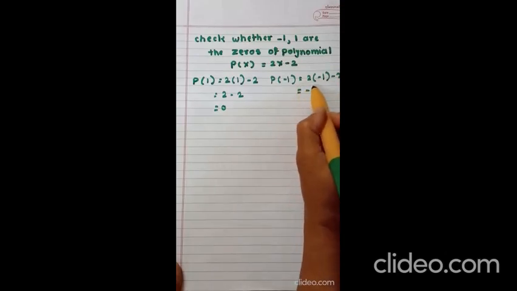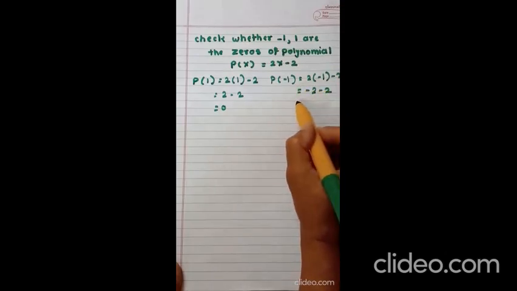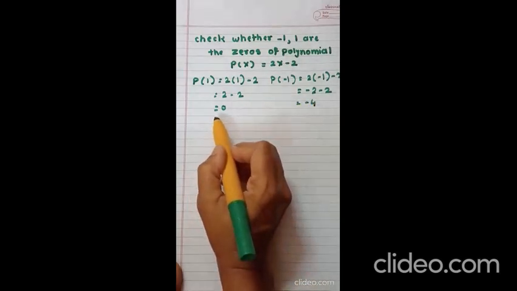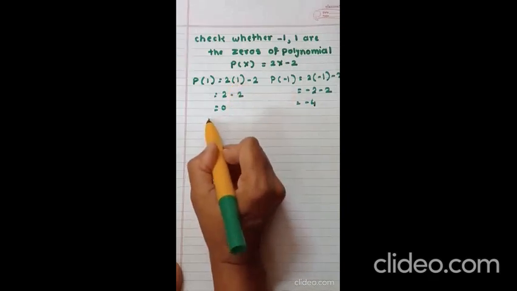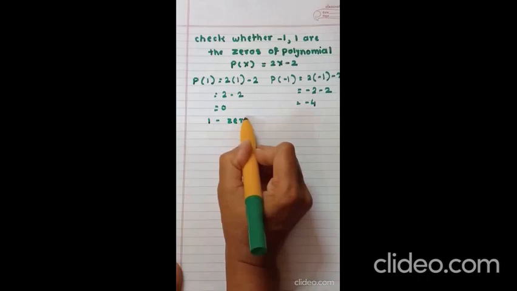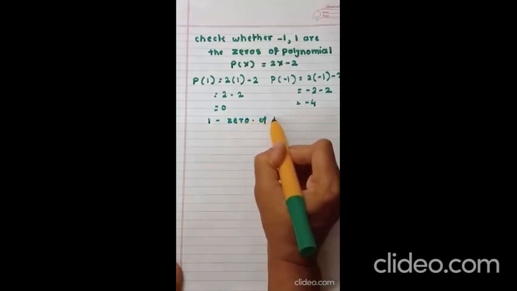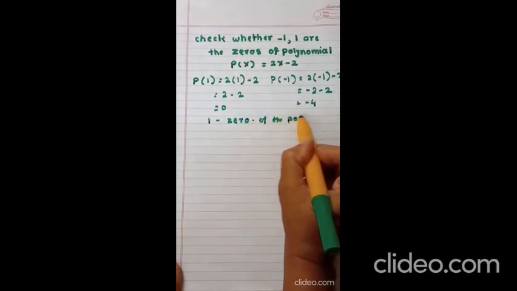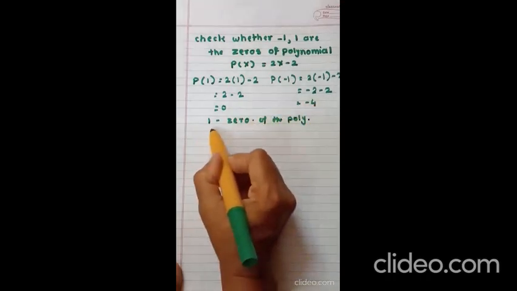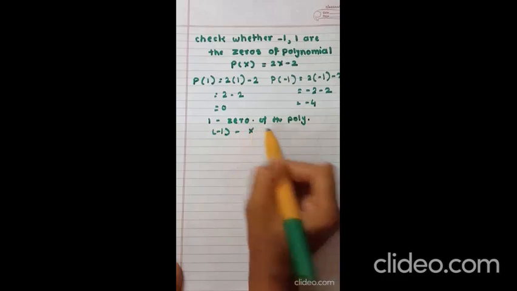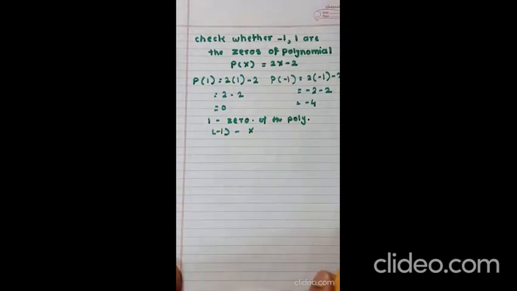So you get minus 2 minus 2, minus 4. So what happens here? 1 is the 0 of the polynomial. But minus 1 is not the 0 of the polynomial.